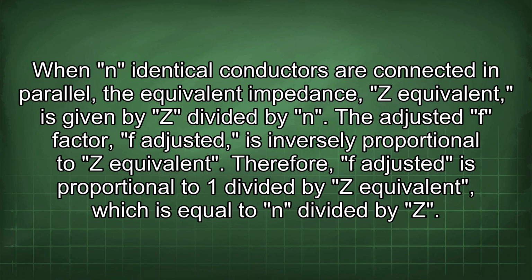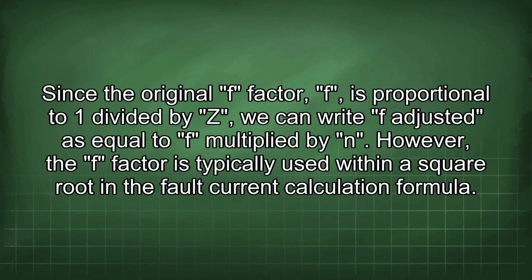The adjusted F factor, F adjusted, is inversely proportional to Z equivalent. Therefore, F adjusted is proportional to 1 divided by Z equivalent, which is equal to n divided by Z. Since the original F factor, F, is proportional to 1 divided by Z, we can write F adjusted as equal to F multiplied by n.